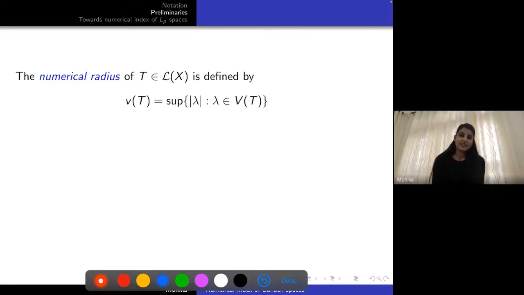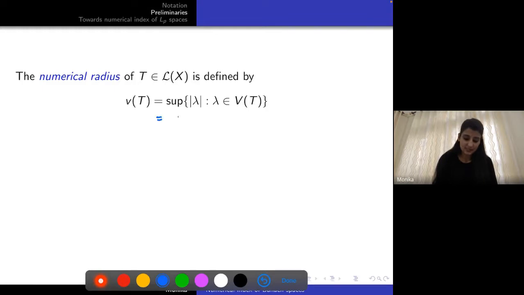So next I'll talk about the numerical radius of a bounded linear operator. When we were talking about numerical range, side by side we considered the spectrum. When we have a spectrum, the spectral radius is the supremum of absolute values of elements coming from the spectrum. Similarly, the numerical radius is the supremum of absolute values of elements coming from the numerical range.